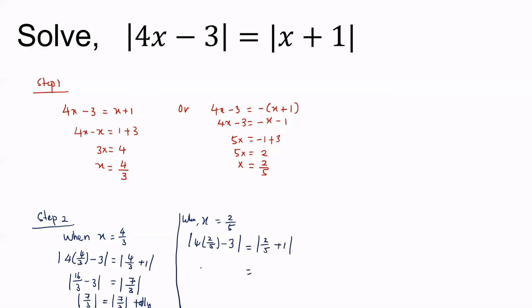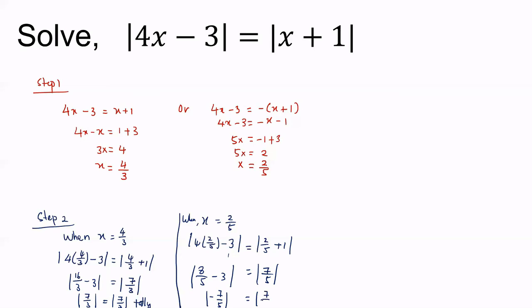And we simplify it. We get 8/5 minus 3, and once we simplify this, we get minus 7/5 on the left, and 7/5 on the right.